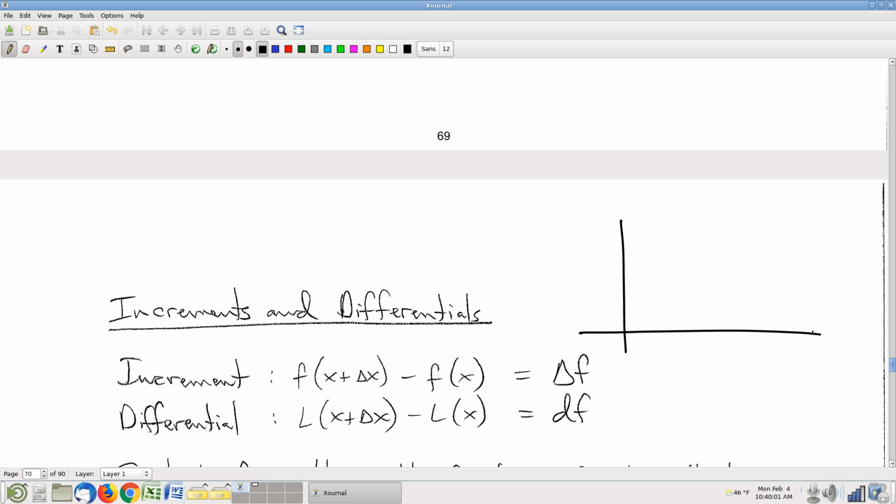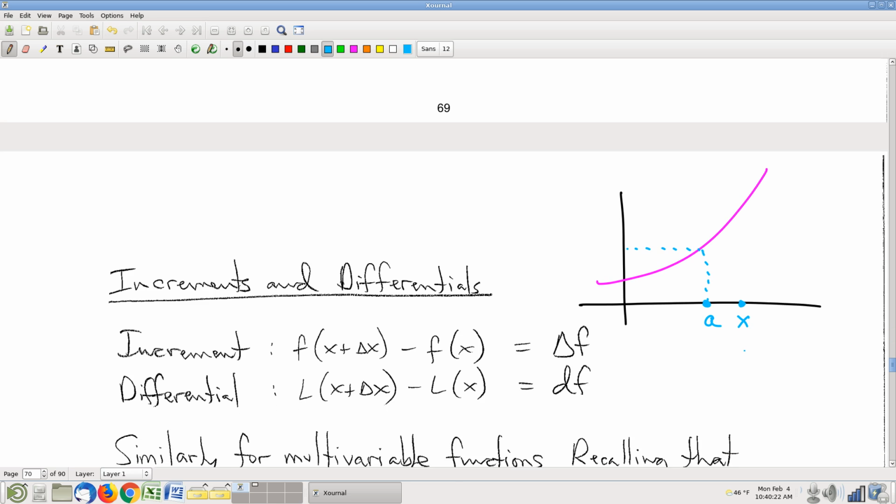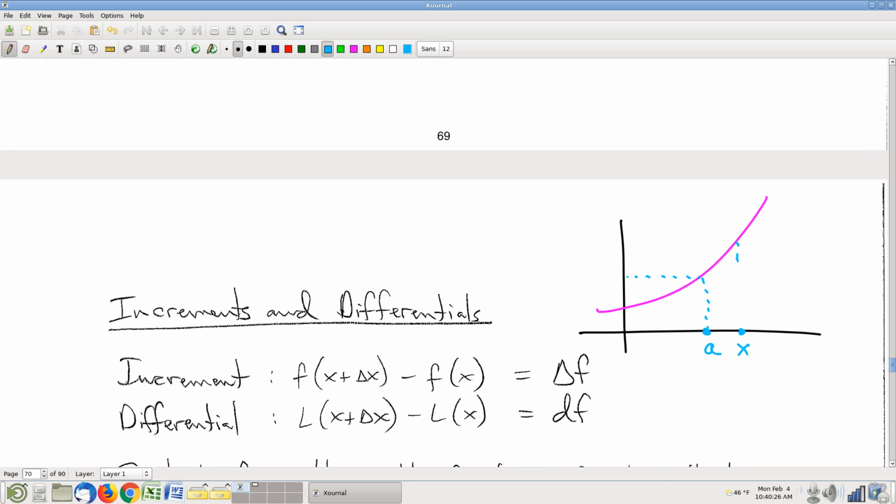Right? You've got some graph, and at some point, talk about the value of the function at that point. Call that A, for example. Right? And then you can look at a nearby point. I'll say X. Right?